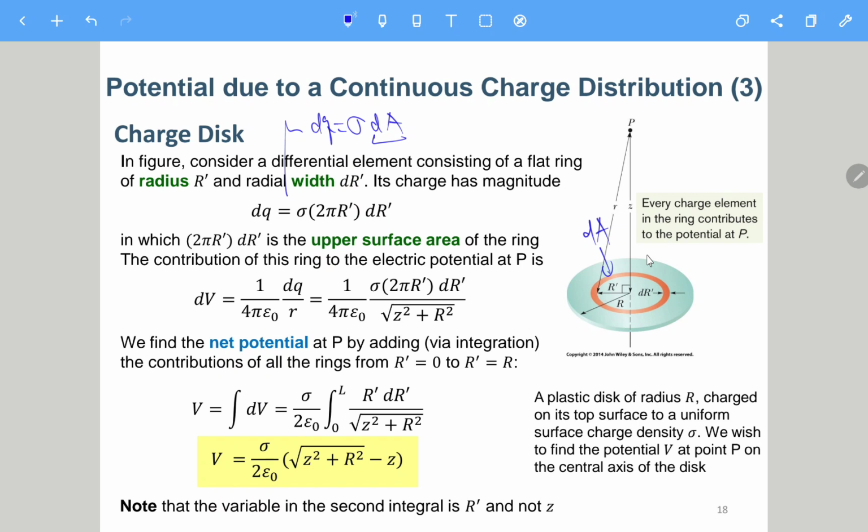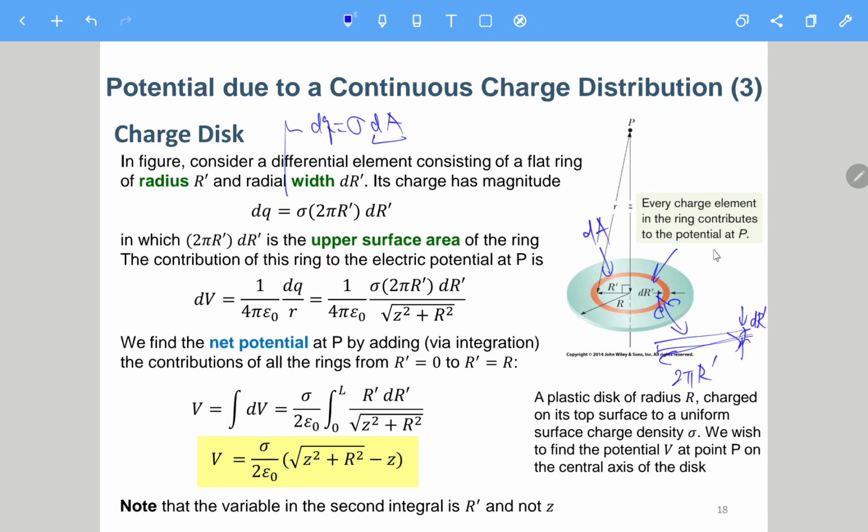If we cut the ring and expand it, it becomes a rectangle. The height of this rectangle will be dr prime, and the width will be 2 pi r prime, because it is the circumference of a circle, and the radius is r prime.